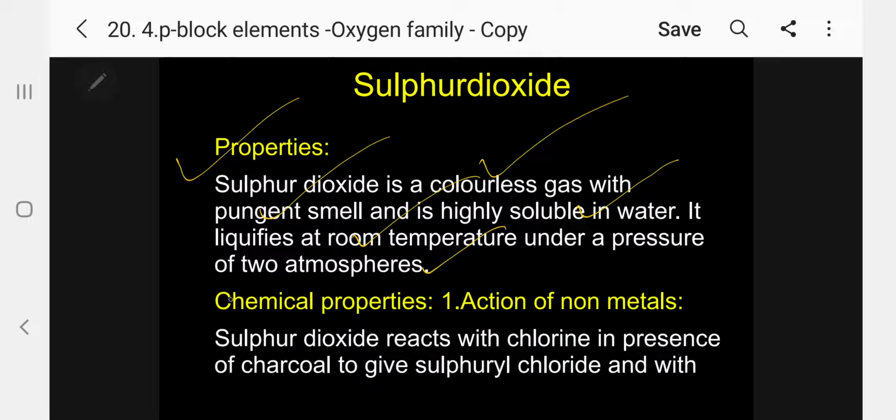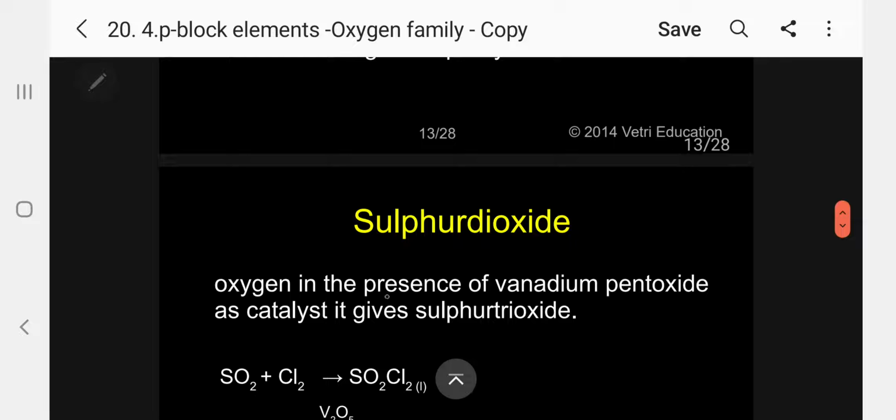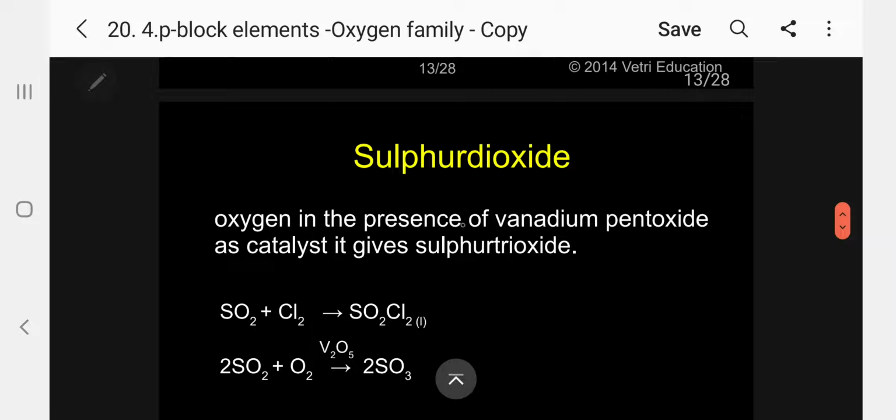Coming to chemical properties, let me take first the action of non-metals. Sulfur dioxide reacts with chlorine in the presence of charcoal to give sulfuryl chloride, and with oxygen in the presence of vanadium pentoxide as catalyst, it gives sulfur trioxide.